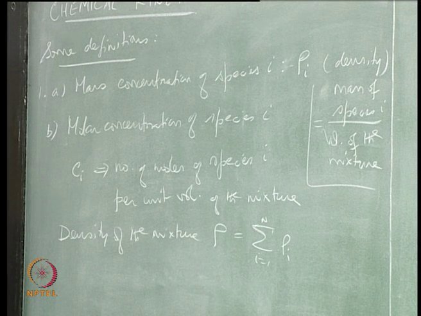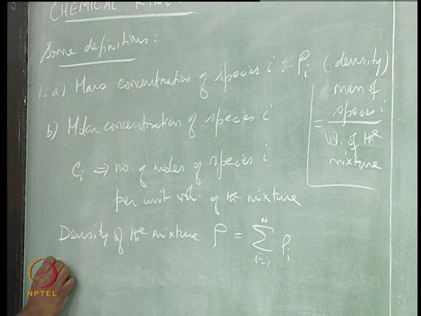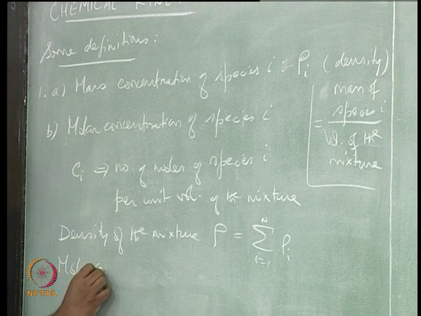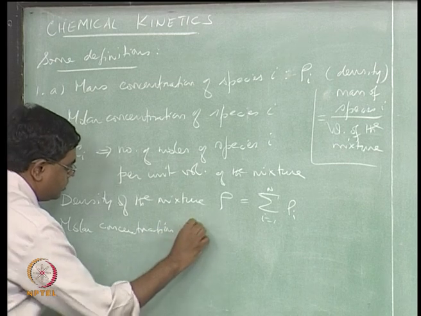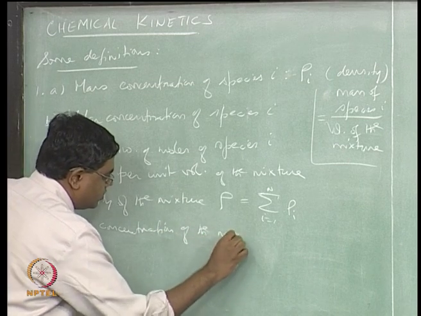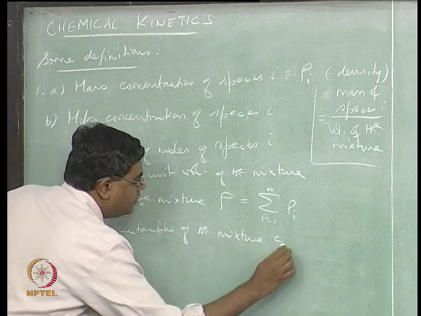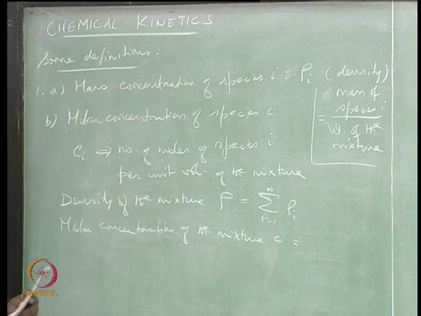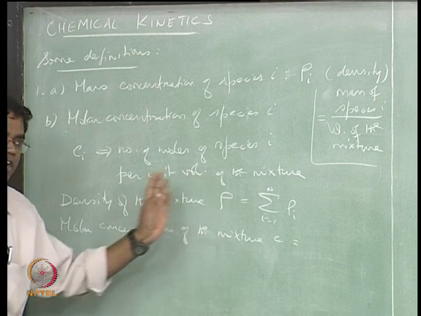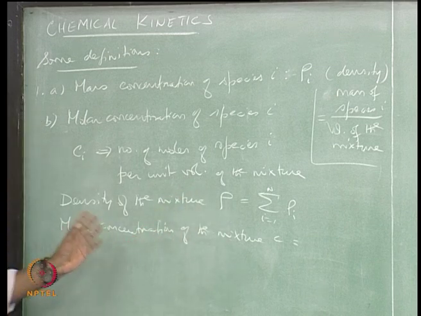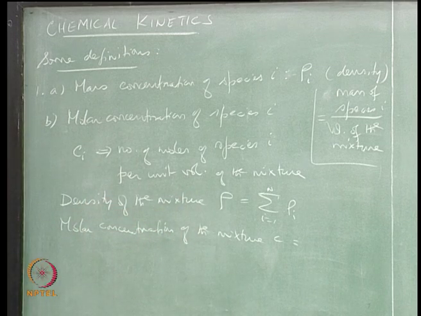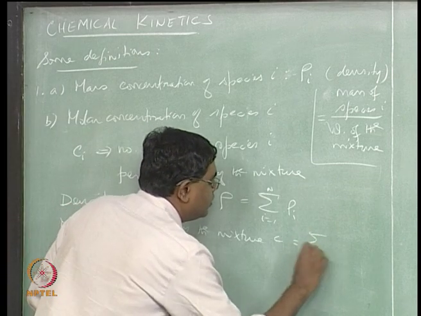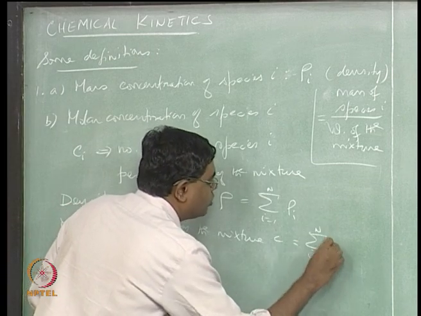And similarly, molar concentration of the mixture, C, you just have to add the total number of moles that is there per unit volume. Total number of moles is number of moles of this species plus number of moles of that species and so on in this volume. Therefore this is simply going to work out to the sum from I equals 1 to n of Ci.